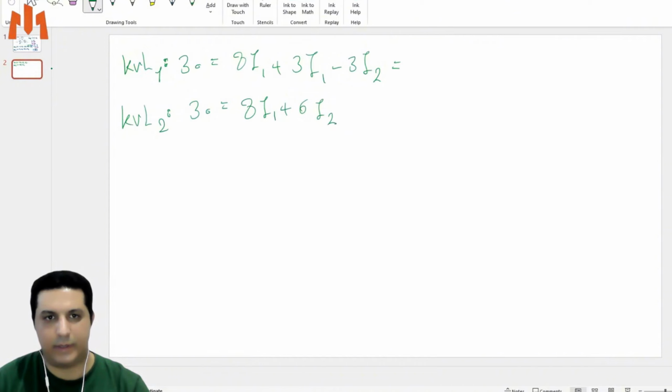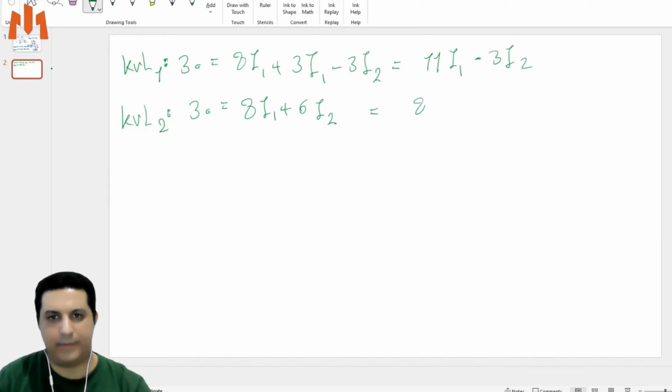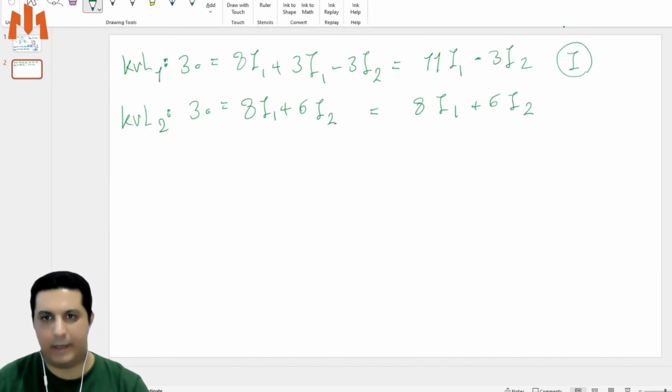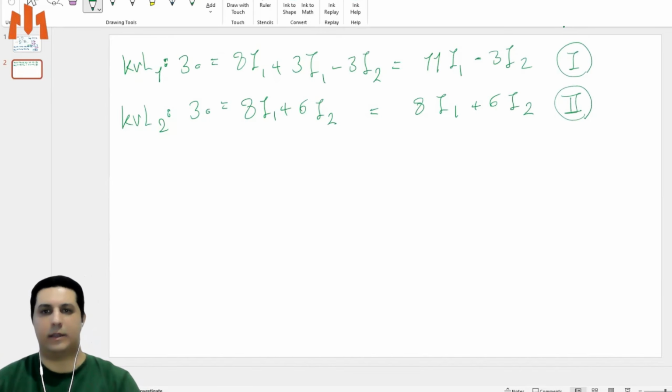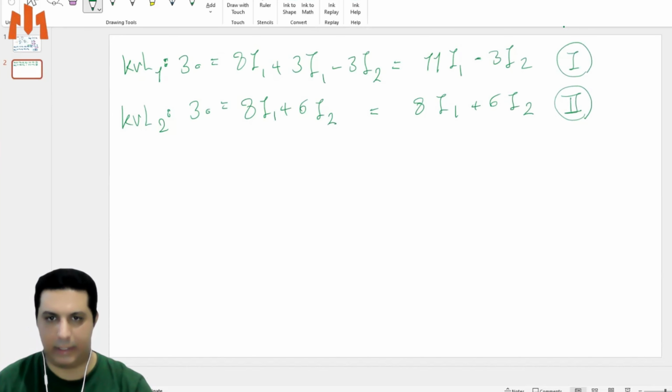These two together is 2, and so it is the same. Right now we have two equations, guys: equation 1 and equation 2, and we must find I1 and I2.